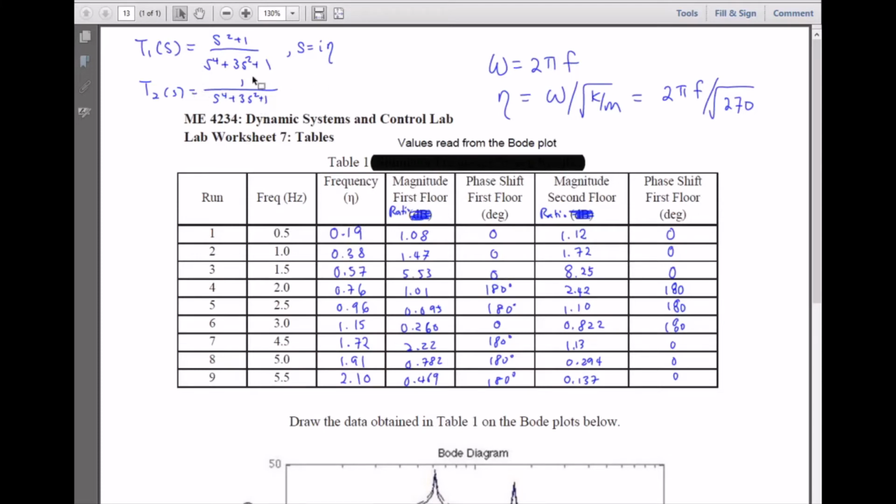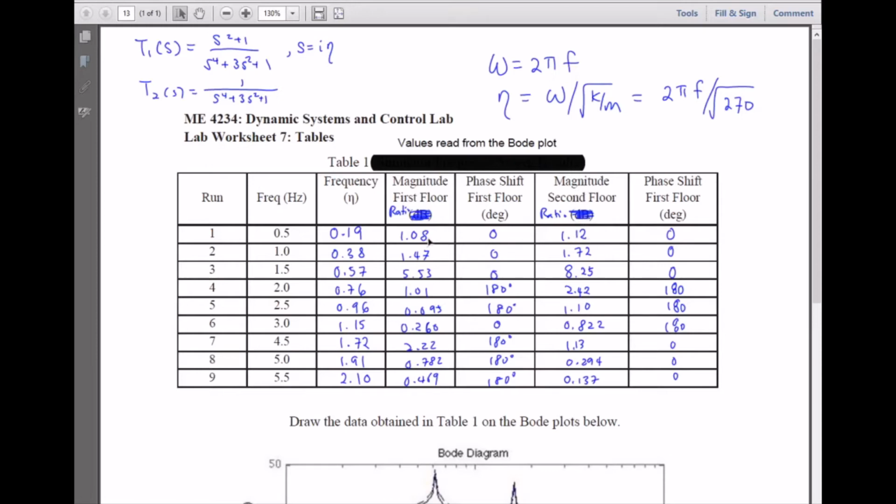So I plug those in, as a pure ratio, not decibels. Plug in 0.19 instead of s equal to j times 0.19, find the amplitude, and you have 1.08, and the phase will be 0 degrees. For the second transfer function, if you plug that number in, you get a magnitude of 1.12.